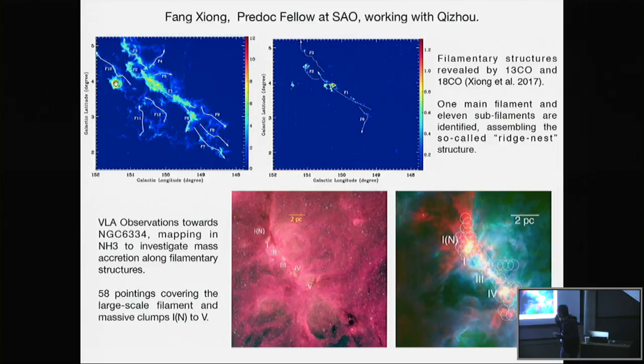What I got is pipeline calibrated data, and it turns out this pipeline calibrated data is poorly calibrated. So right now what I'm doing is starting from the beginning and calibrating these 58 pointings by myself. Yeah, okay, thanks.